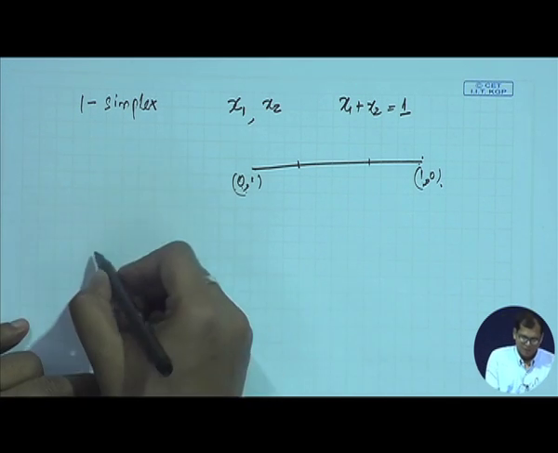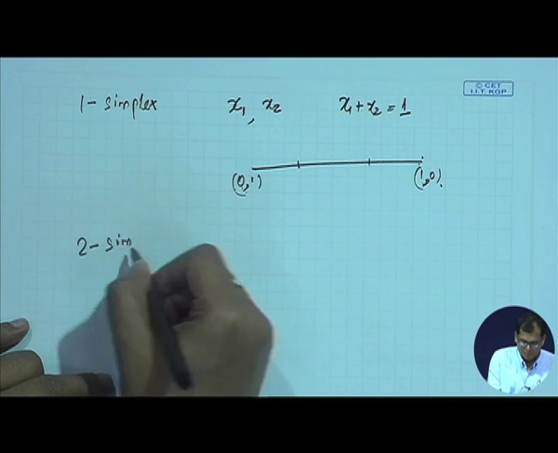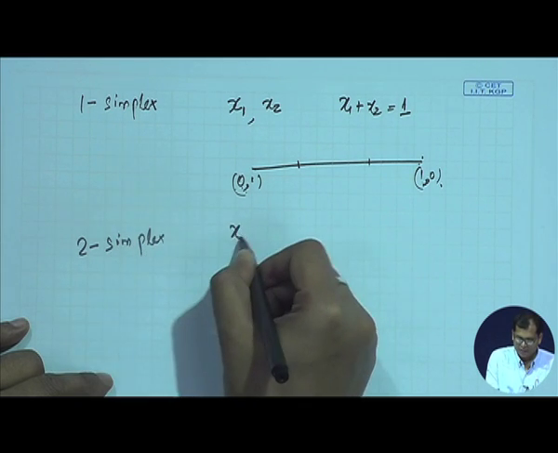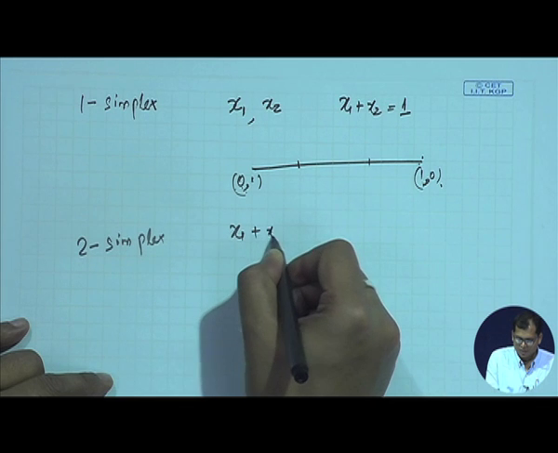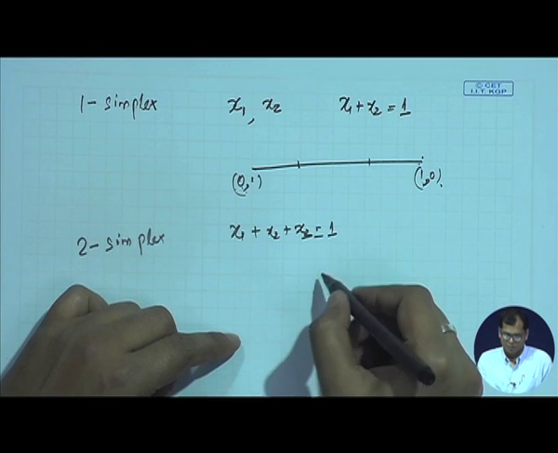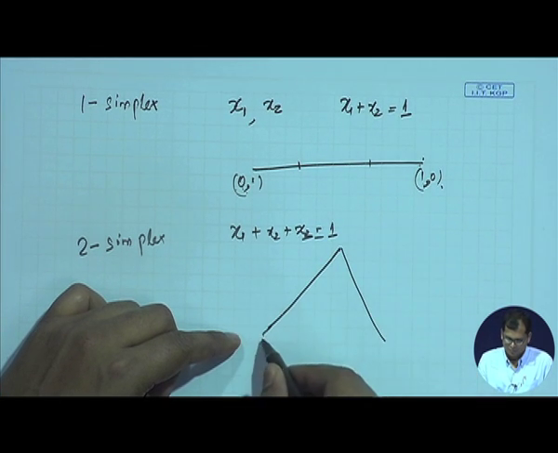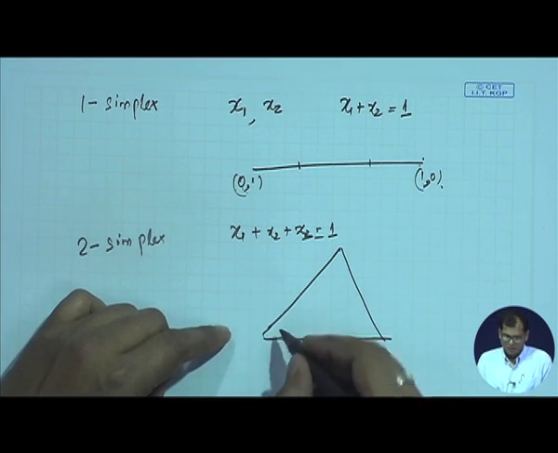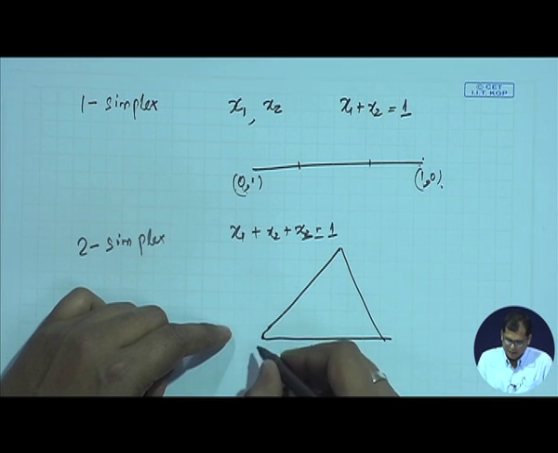Then you can have two simplex. Then you have three things, x1 plus x2 plus x3 adding up to 1, and this would be some sort of triangle. One corner corresponds to x1 is 1, x2 is 0, x3 is 0.